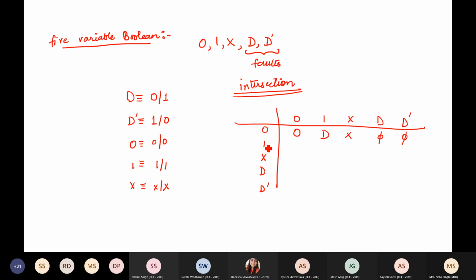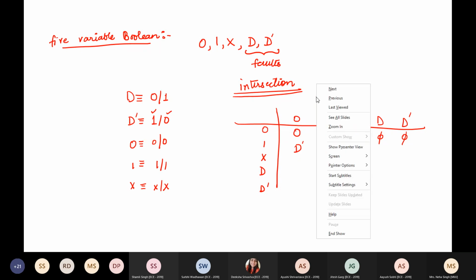What will be the intersection of 1 with 0? Actual value is 1, but it is read as 0. So this is D dash. 1, 1 will remain 1. 1 with don't care: the value will be preserved with don't care.